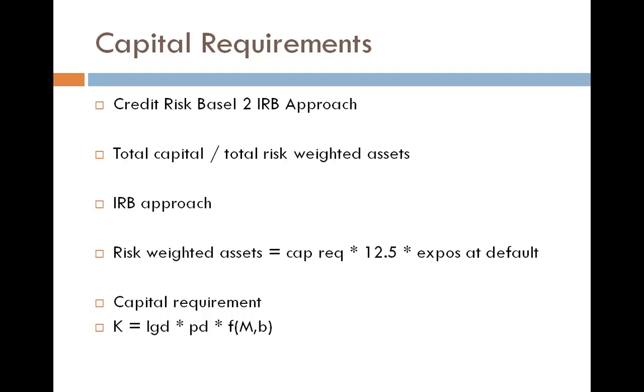This is something we talked about at the start, that the whole idea of 8% is actually after the expected losses are taken care of. So this is for the unexpected loss, or the RAROC, return on risk adjusted capital, if you remember. So our focus always remains on the unexpected loss.